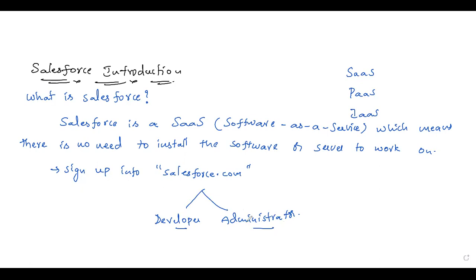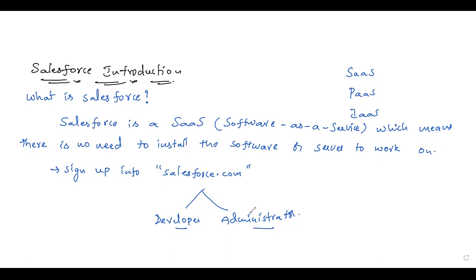Whereas the administrator does not plant the plants in the garden, they just take care of the plants. That is the best example to differentiate the roles of developer and administrator.